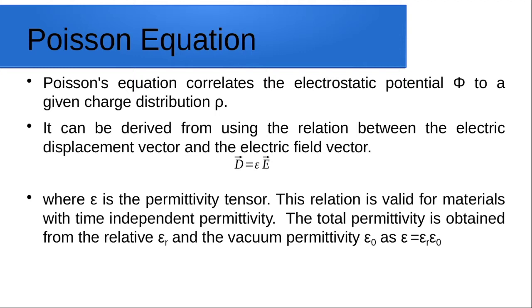As you all know, permittivity is a characteristic of the material. Permittivity of the material is given by the product of relative permittivity and permittivity of vacuum, which is a characteristic that we can obtain related to any material.